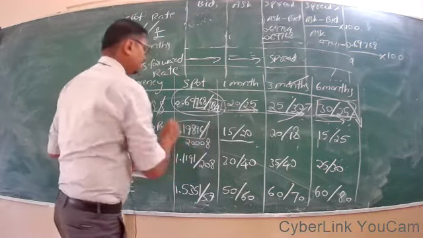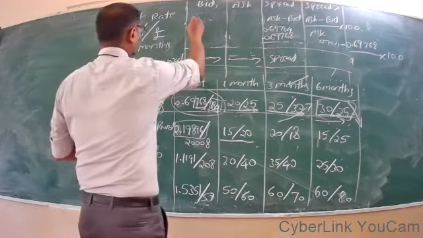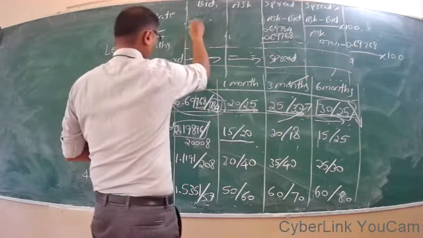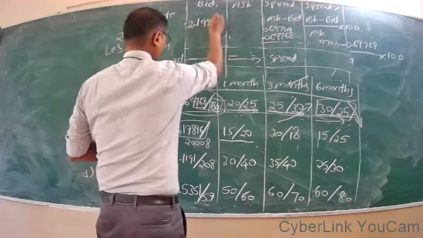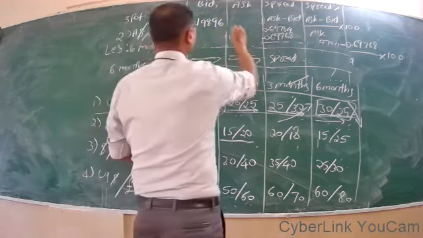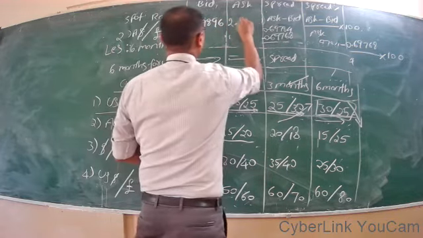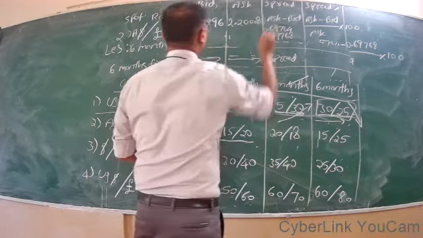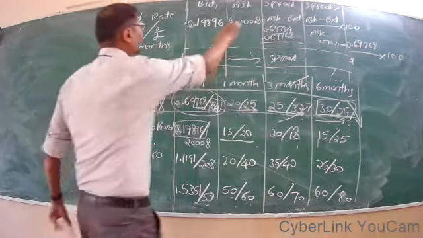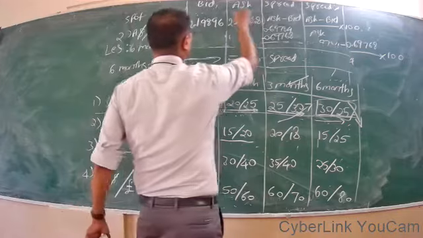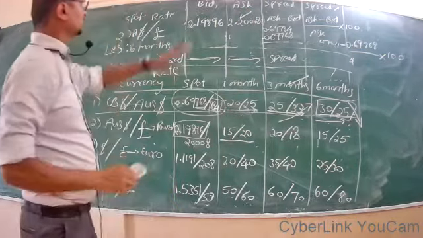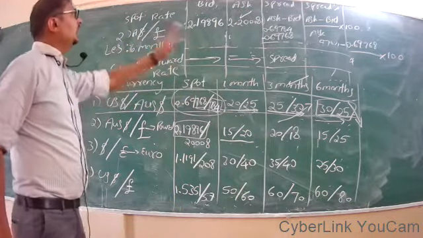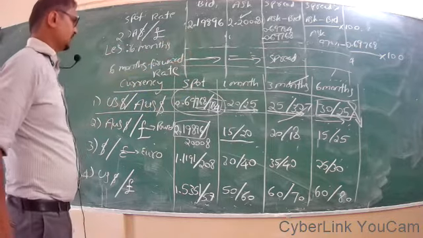So the lower price is the bid price, 2.19896 oblique 2.20008 is the ask price, because this one is greater than this one. The universal truth is the ask price is always greater than the bid price, right?